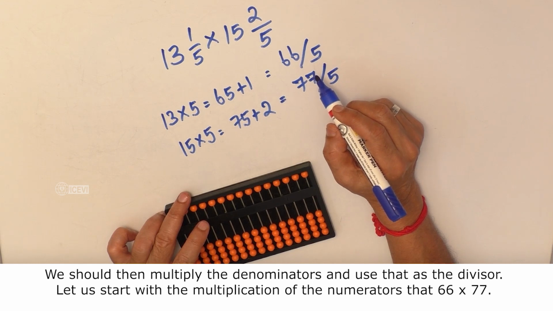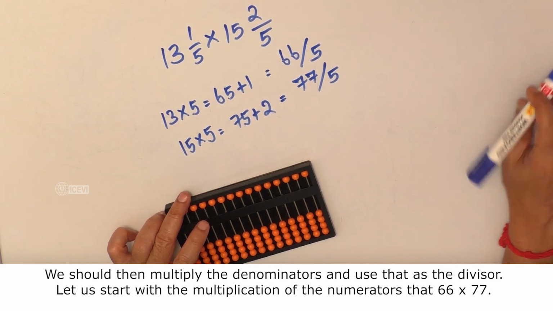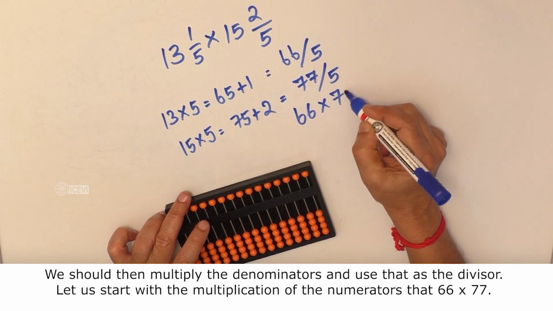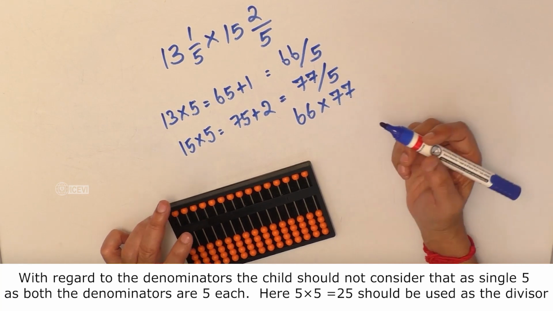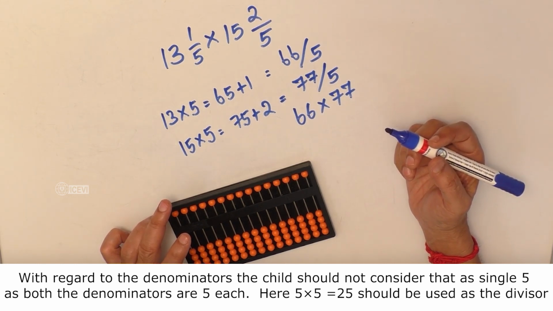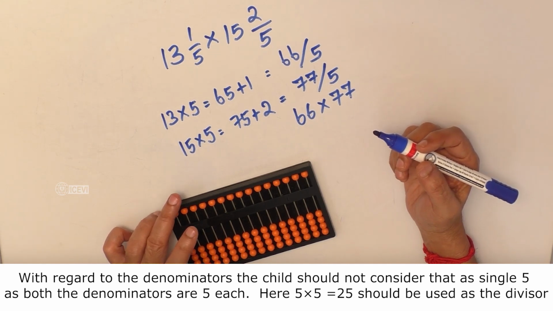Let us start with the multiplication of the numerators, that are 66 and 77. With regard to the denominators, the child should not consider that as a single 5, as both the denominators are 5 each.